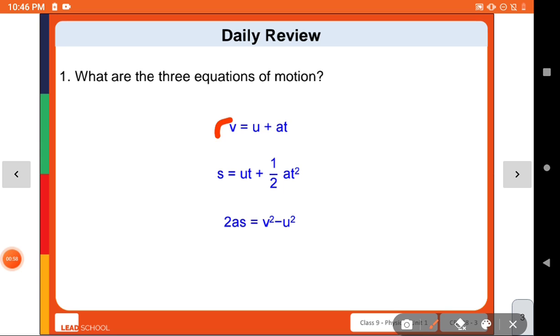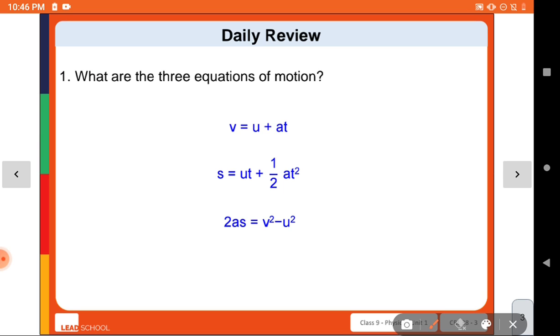V represents the final velocity of any object, equal to initial velocity plus acceleration into time. And the second one is displacement equal to initial velocity into time plus half into at square.